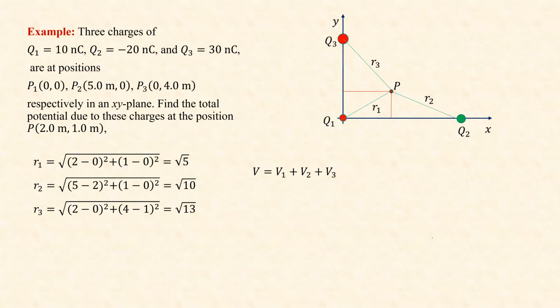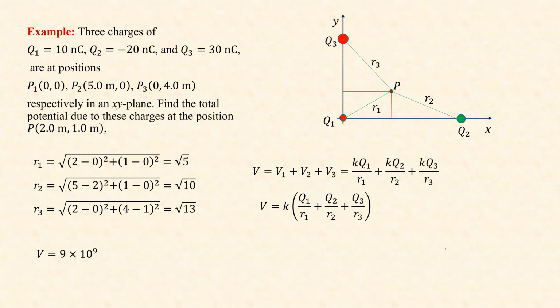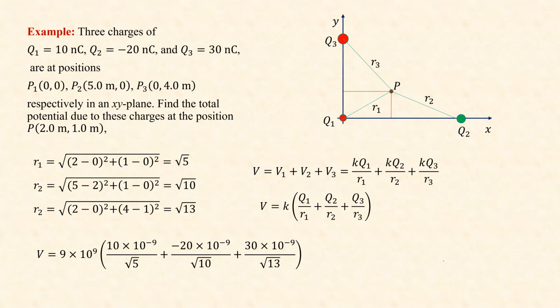So V is V1 plus V2 plus V3, which is KQ1 over R1, plus KQ2 over R2, plus KQ3 over R3. K can be factored out. So V is 9 times 10 to the 9. Q1 over R1 is 10 times 10 to the negative 9 over square root of 5. The other one is negative 20 times 10 to the negative 9 over square root of 10. And the next one is 30.